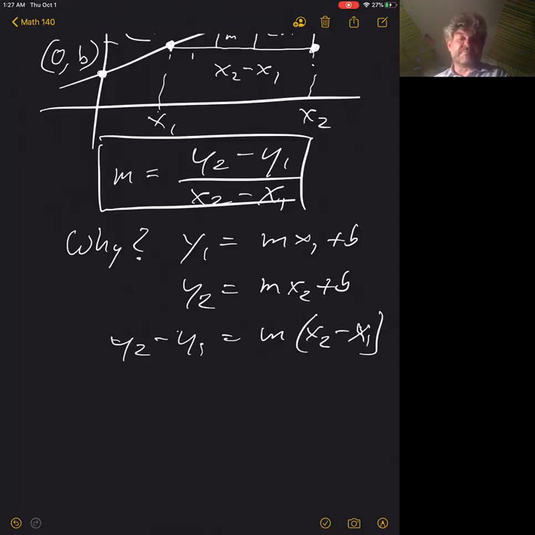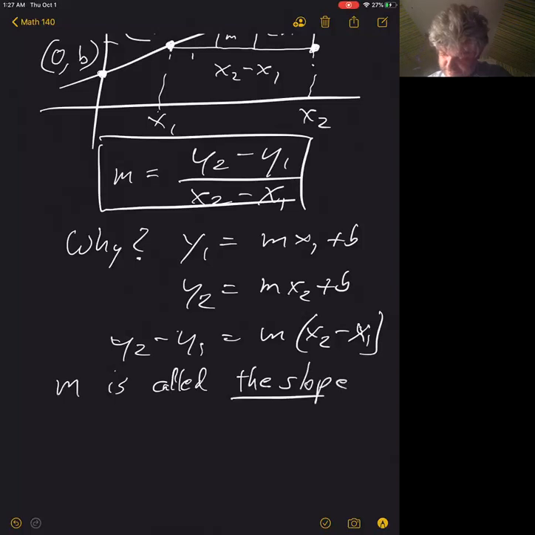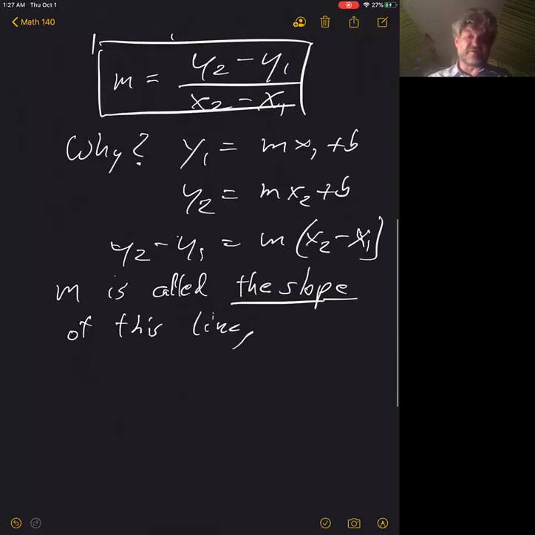This number m is called the slope of this line. And the b is called the intercept.